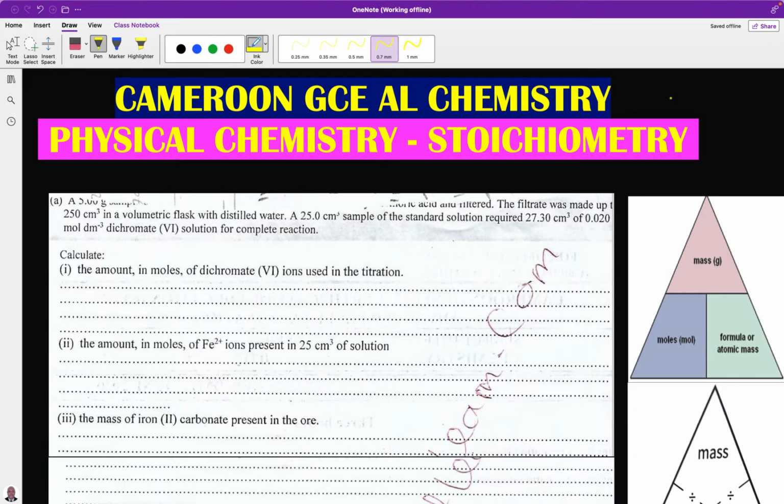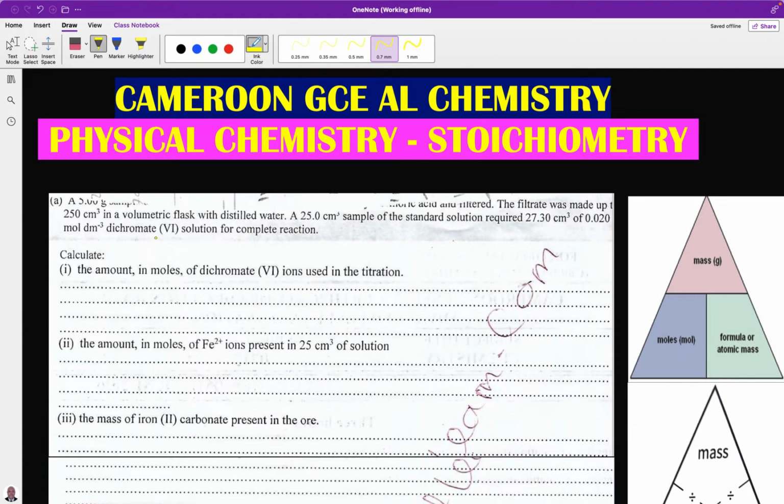Dichromate 6 ion. So now they have asked us to calculate the amount in moles of dichromate 6 ion used in the titration. So now, the first thing we are going to do is, you know that for dichromate, the concentration has been given as 0.020 mole per dm cube. Dichromate 6. That is the concentration.